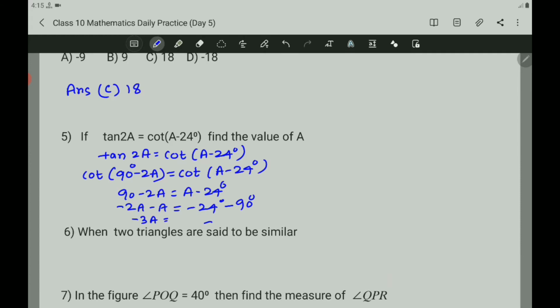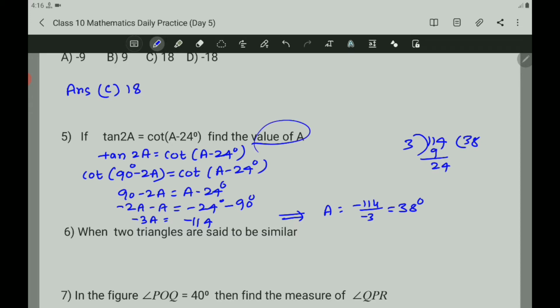That is minus 114. So a you will get. That implies a equals minus 114 degree by minus 3. If you divide 114 by 3, you will get 38 degree. You got that the value of a is 38 degree.